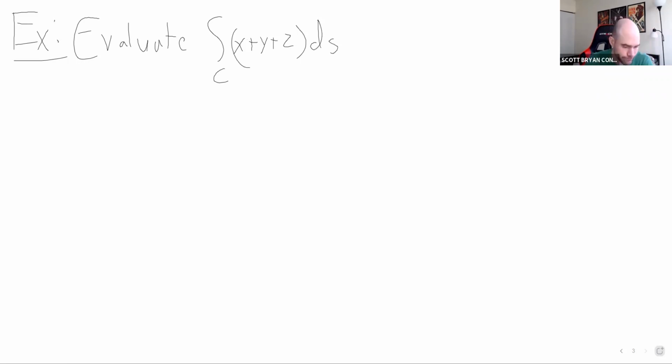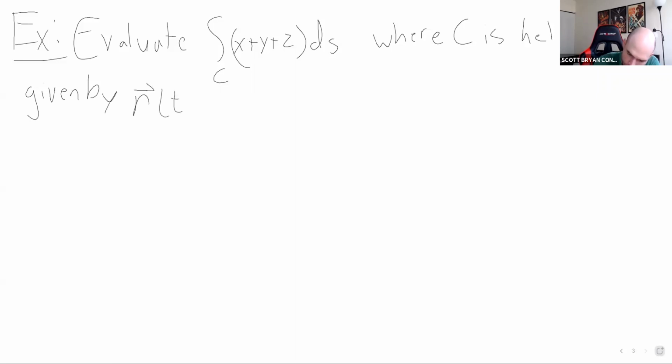So let's evaluate the integral over the curve C of the function x plus y plus z with respect to arc length. And here C is going to be the helix, which is parameterized by r of t is cos t, sine t, t.